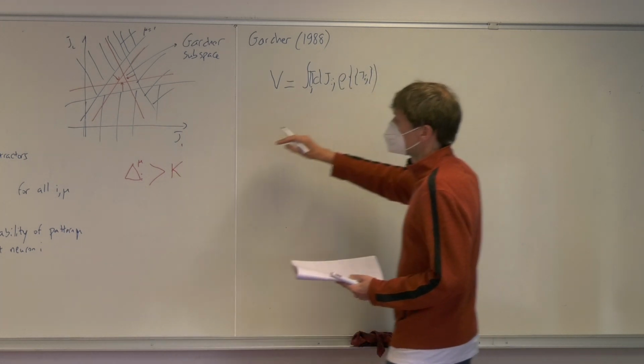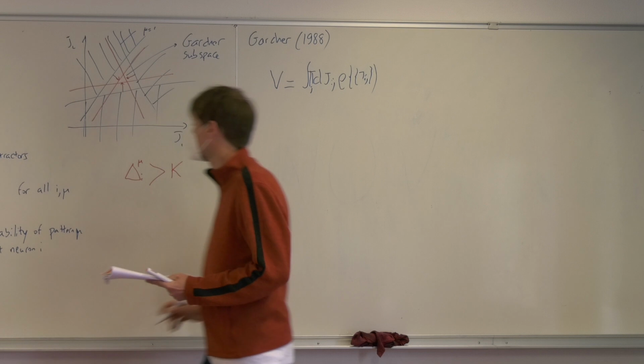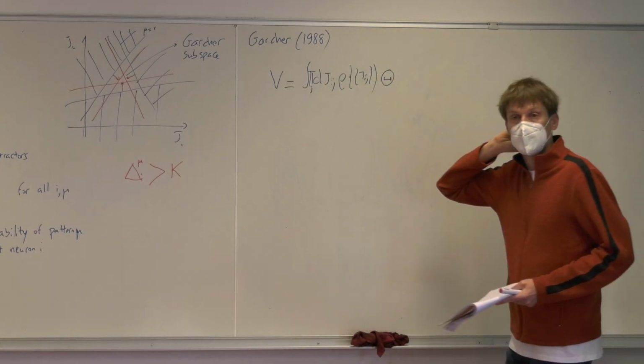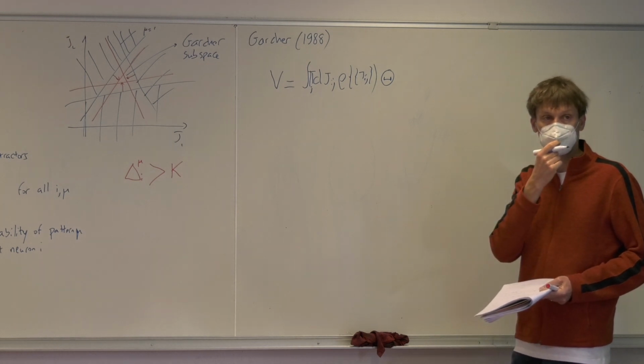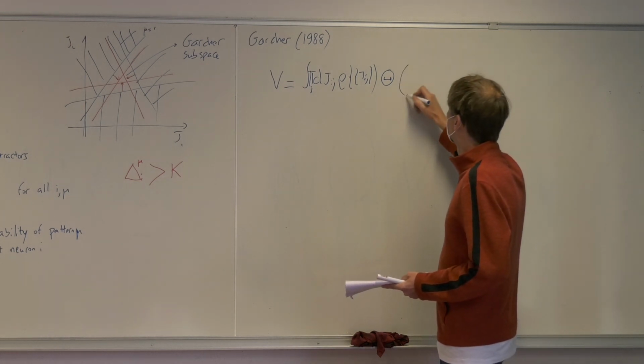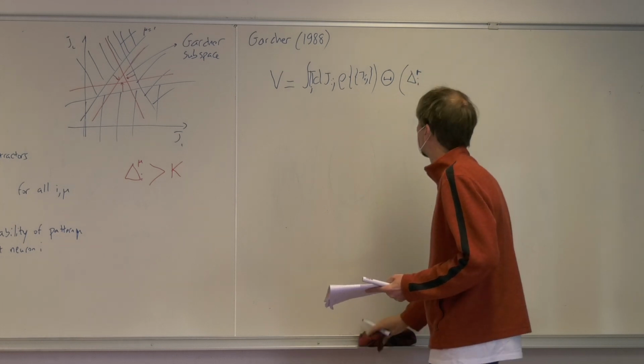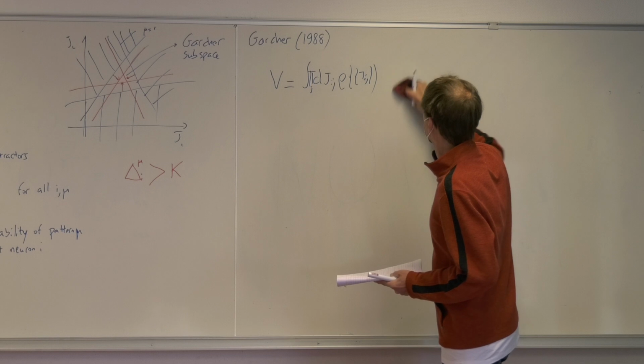And then we can basically impose this constraint by inserting some Heaviside functions inside this integral. There should be a product here.